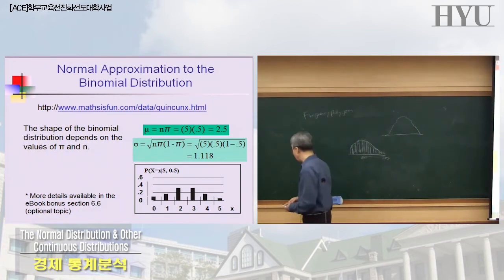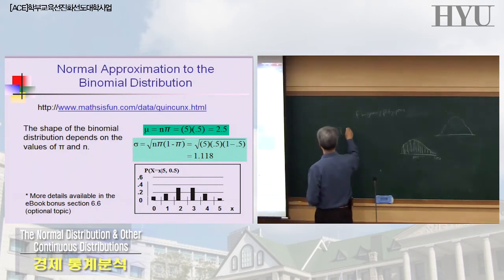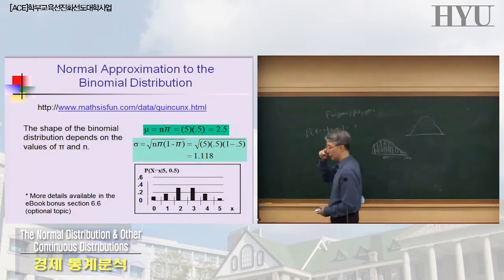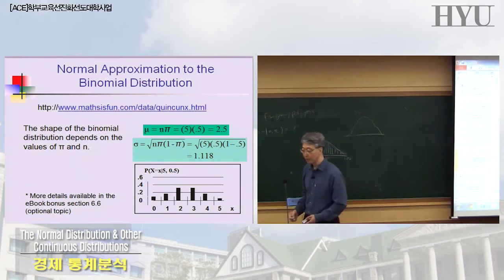So we could write it something like that: X is 2 given the number of trials and probability of success. And we could calculate it. You know how to calculate it using the formula or the Excel function.